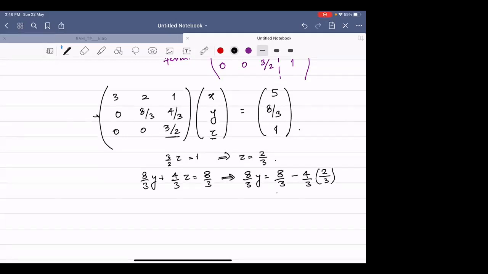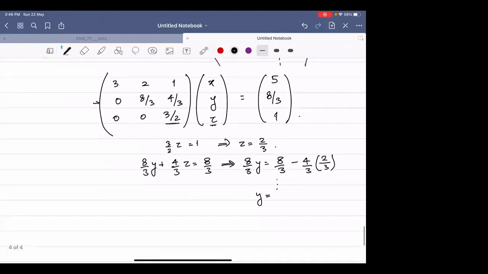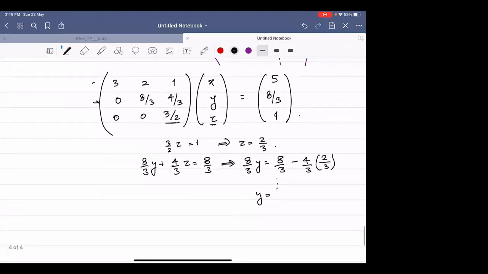Okay, so this you can simplify to get y. Correct. Now you have y and z. Now you look at the first row and write down the first equation. You have 3x plus 2y plus z equals 5. You've got z, you've got y, you can solve for x.